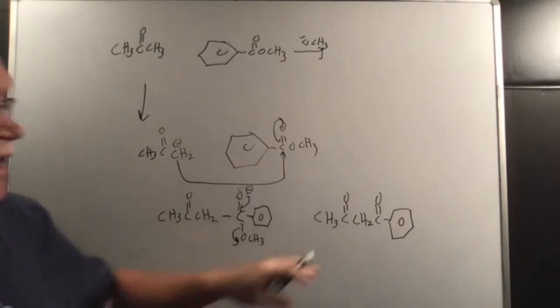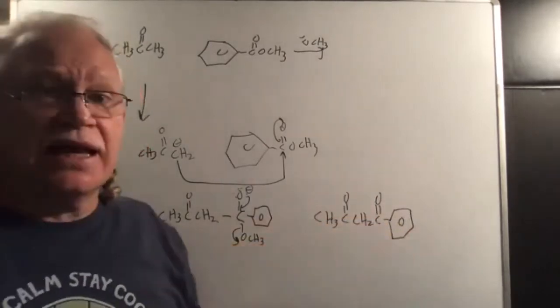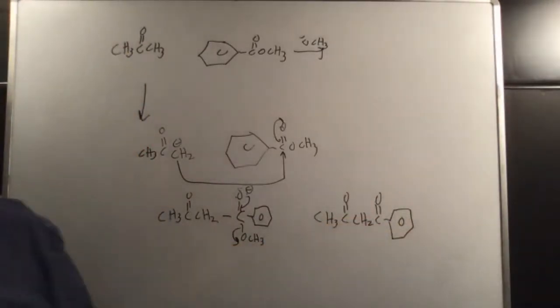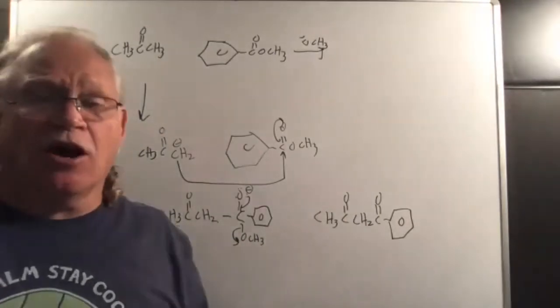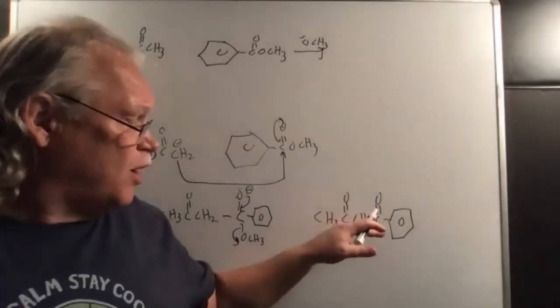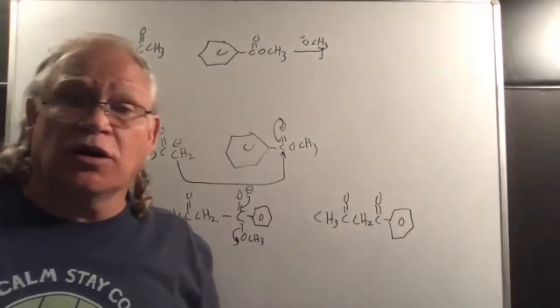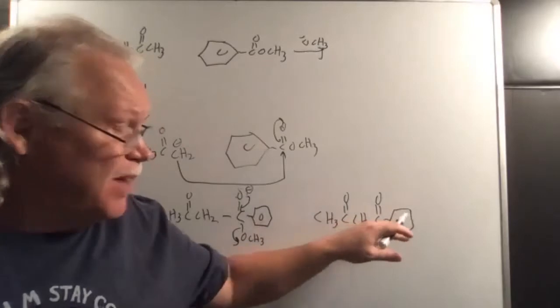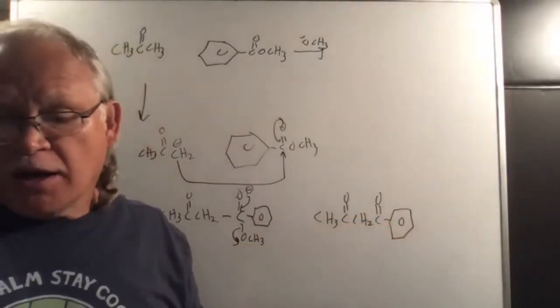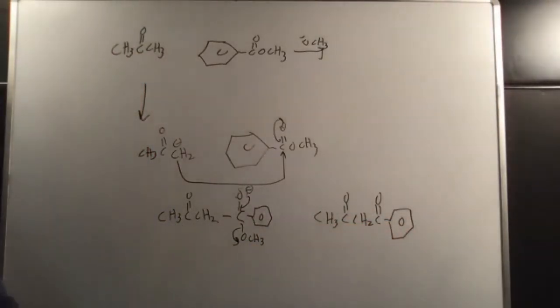Notice this is a ketone group and this is a ketone group. This is a beta diketone. Notice one of these is going to be the one you start from and the other is going to be alpha beta. So notice the product of this reaction is a beta diketone.